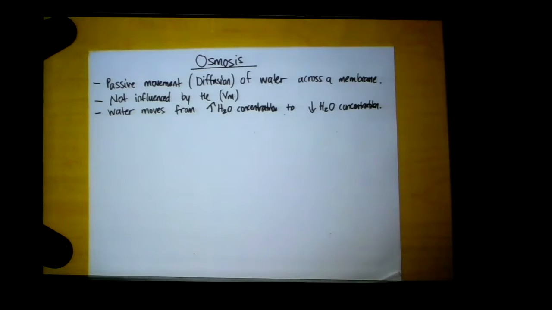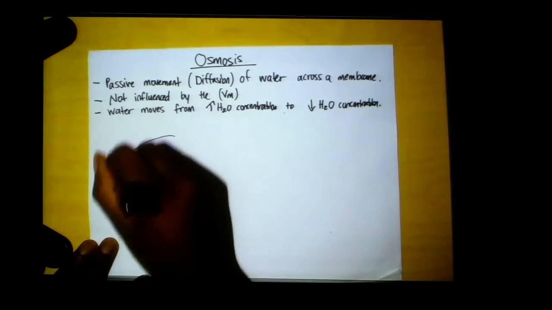Okay? And so basically all of that means is that because we have different solute concentrations on either side of the membrane, we also have different water concentrations. And so we're really looking at the concentration of water when we speak about osmosis. Where is water in the highest concentration and where is it in the lowest concentration? And that's the gradient that our force of osmosis will move along.